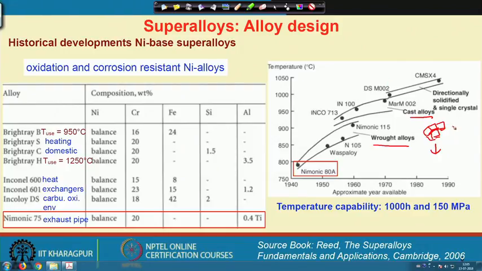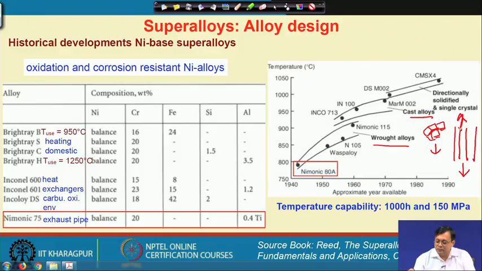However, if we take directionally solidified grains, and this is the stress direction, the grain boundaries normal to this direction are very few. So, such a microstructure will survive. I am talking about the grain boundaries.